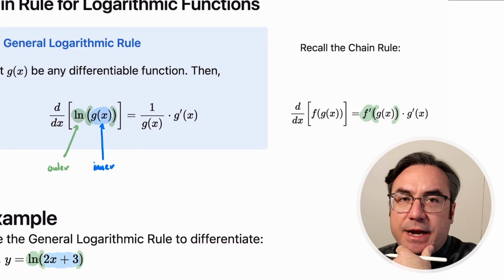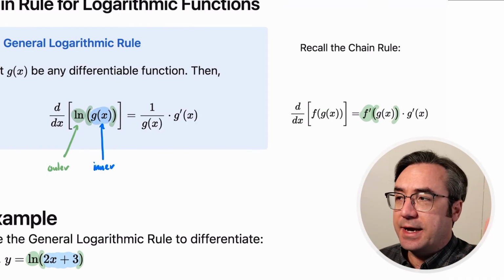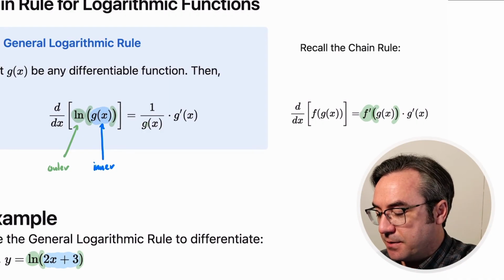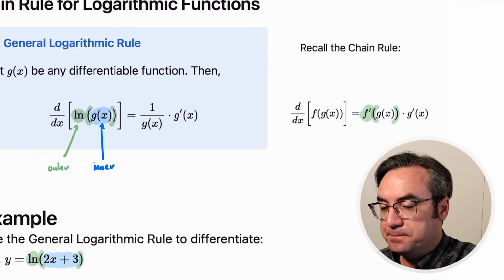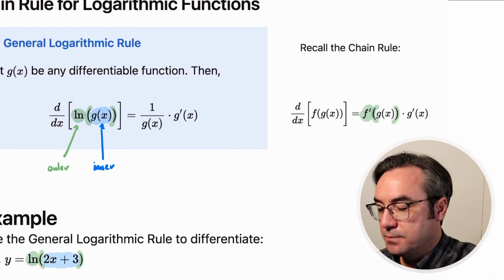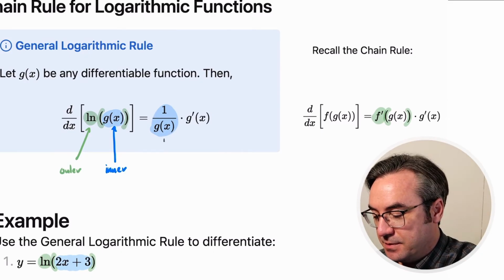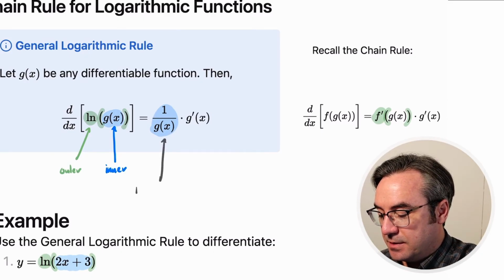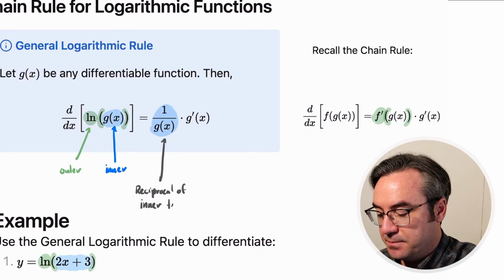All right, so what do we know about natural log? If this was just plain natural log x, the derivative of natural log is 1 over x. So that's what we're seeing here. We're seeing the derivative of the natural log part, and it's giving us this reciprocal. So this is the derivative of that natural log part, and it's the reciprocal of the inner term.